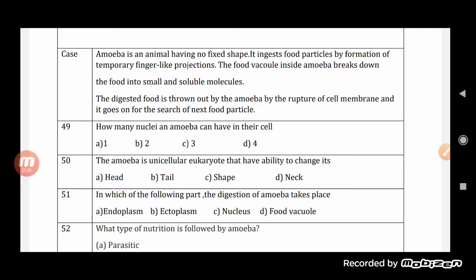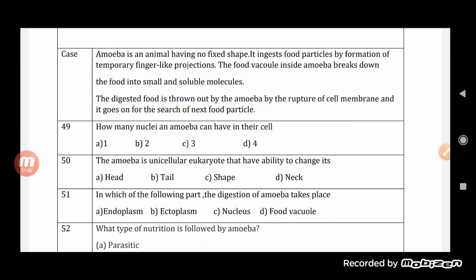When digestion occurs, one part of the amoeba will burst, and the undigested food, the waste, will be thrown out. So rupture of the cell membrane will occur, and again the next food particle will be engulfed by the pseudopodia.